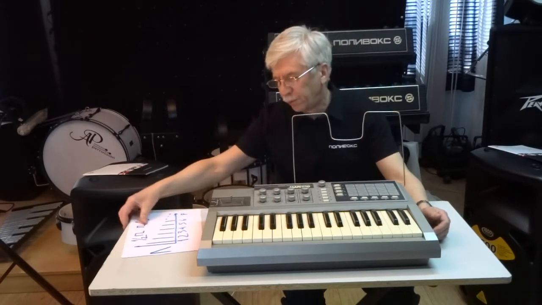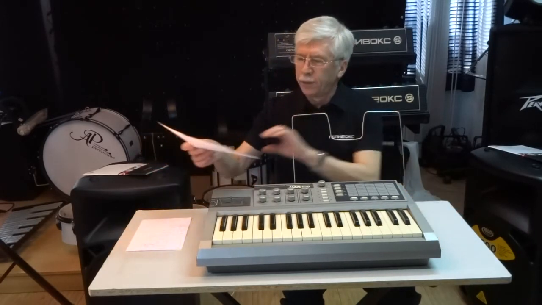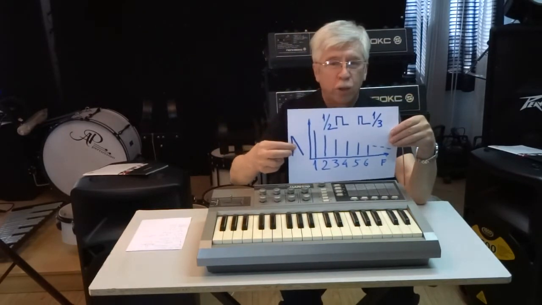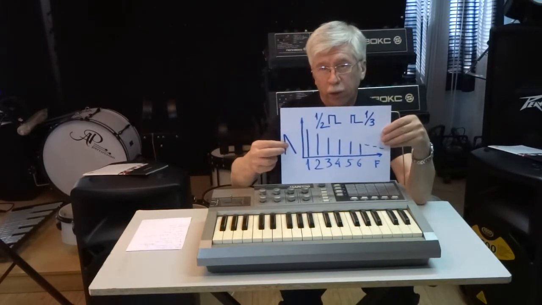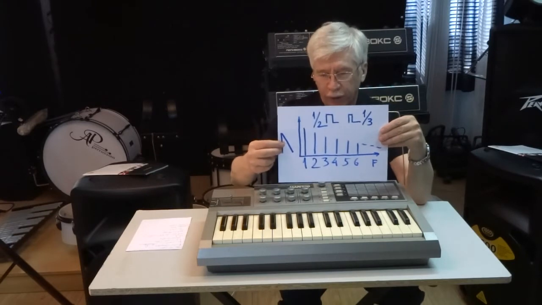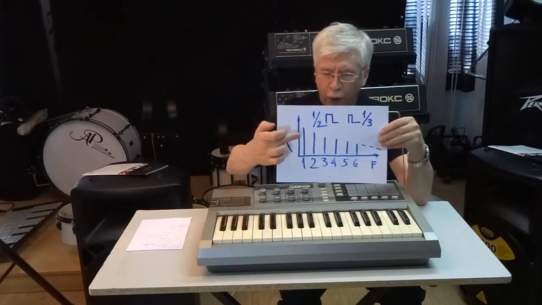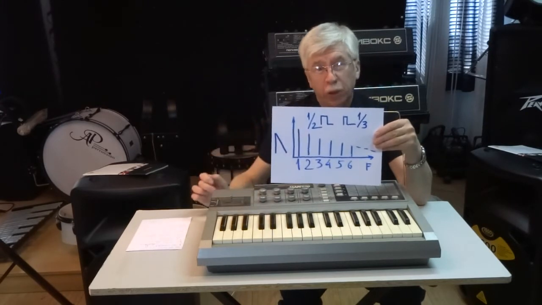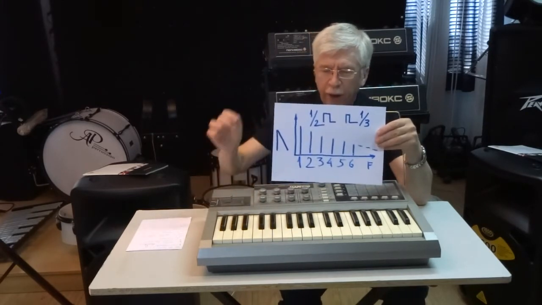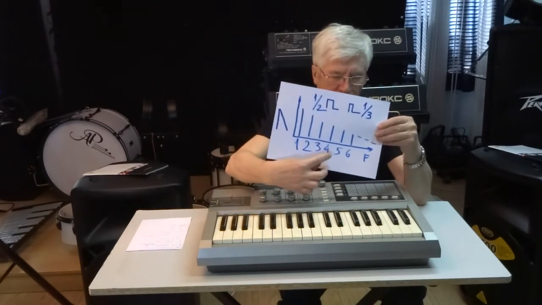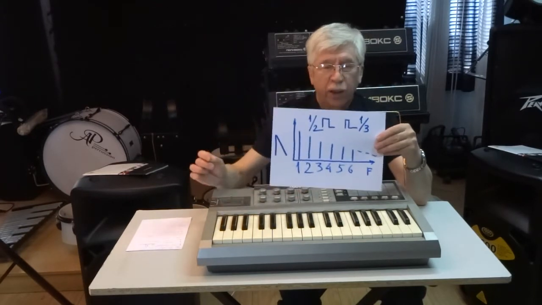For example, if we have a sawtooth waveform, we have all harmonics in the spectrum of this signal, beginning with the first harmonic, second, third, fourth, fifth, sixth, and so on.